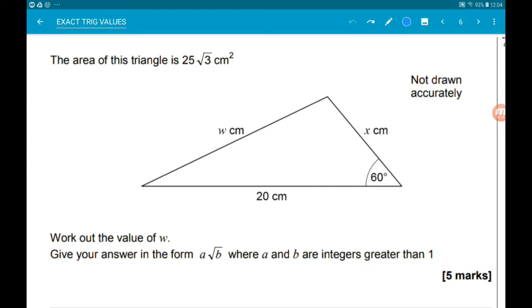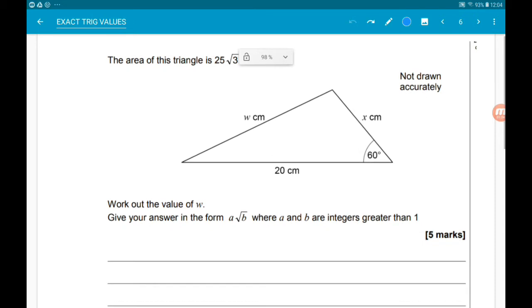When we know the value of x, we can then use the cosine rule like we just did in the previous question. It's going to be fun. So, first thing we need to know is the formula for area of a triangle with trigonometry. Again, my formula sheet is linked down below.